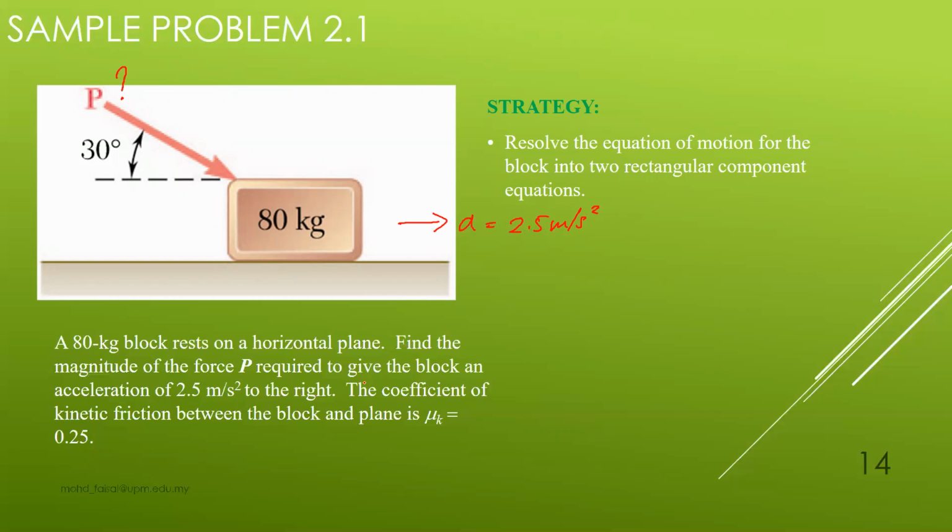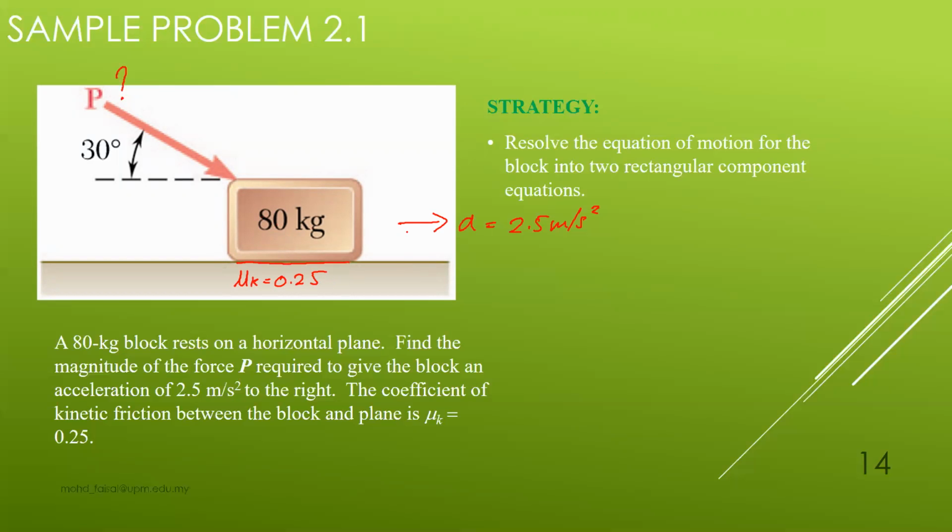The coefficient of kinetic friction between the block and plane is 0.25. Because this block is sitting on this horizontal plane, it will have contact, and that contact will have a certain friction, where mu k is given as 0.25.